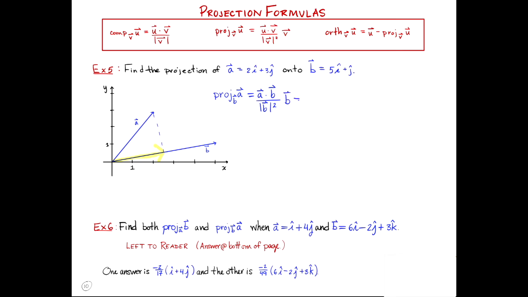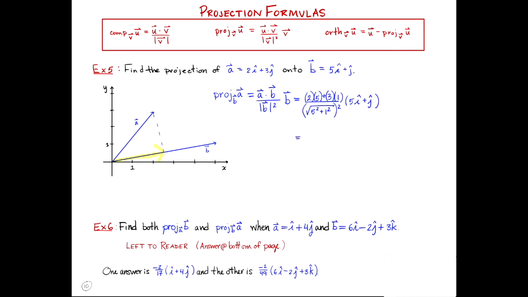This is equal to a dot b, 2 times 5 plus 3 times 1, over the magnitude of b squared. So that would be the square root of 5 squared plus 1 squared, and that entire quantity squared. And then we multiply that by our vector 5i plus j.